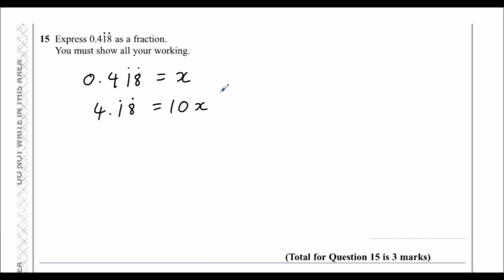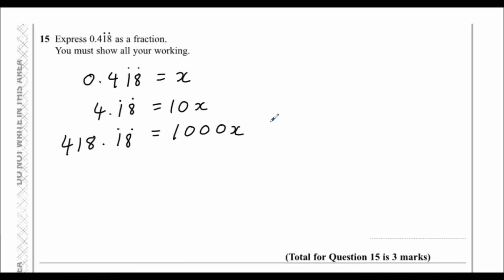We now want something else ending in the 18 recurring, and if we multiply the original by 1000 or the 10x by 100, either way, we'll get 418.18 recurring, and that's 1000x.